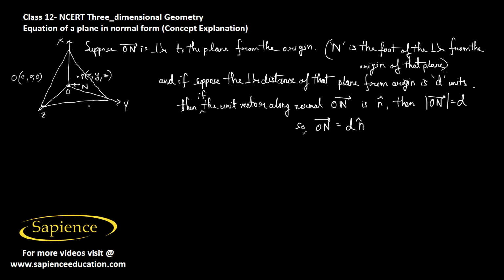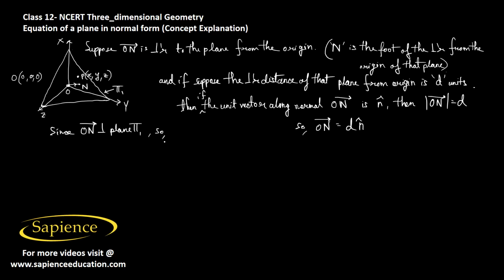Now, since the ON vector is perpendicular to the plane, let's call the plane pi 1, so ON vector is perpendicular to the plane pi 1.